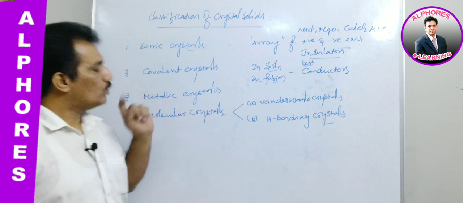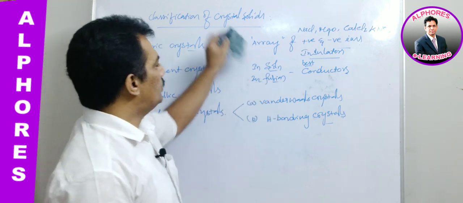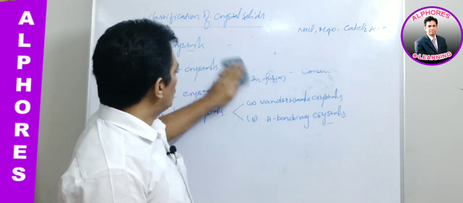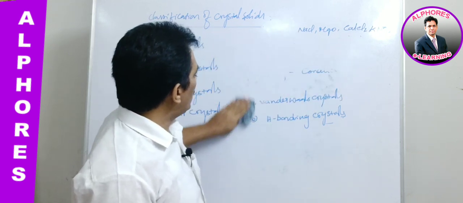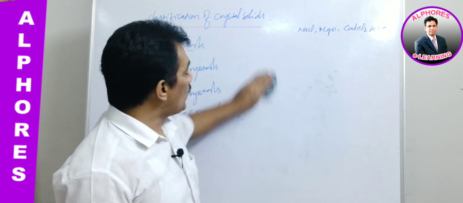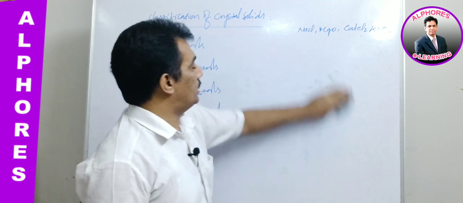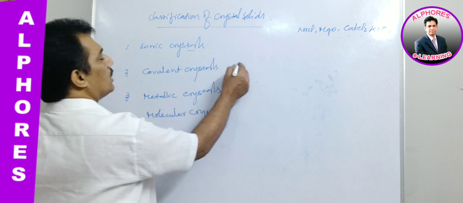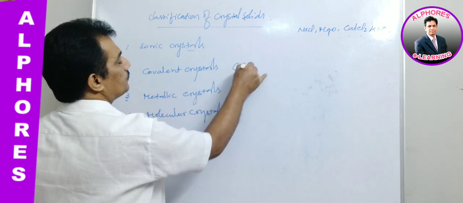Now coming to covalent crystals. These covalent crystals have constituent particles that are held together strongly, but they are unable to exist as individual molecules. Simply in regular terms we can say that these are giant molecules.